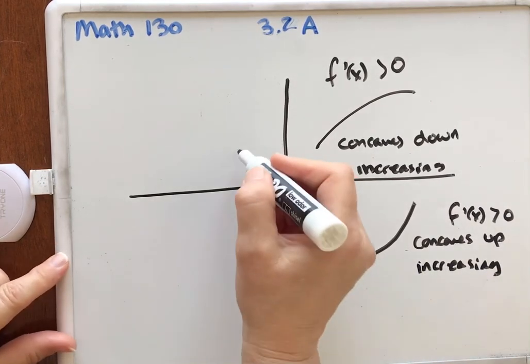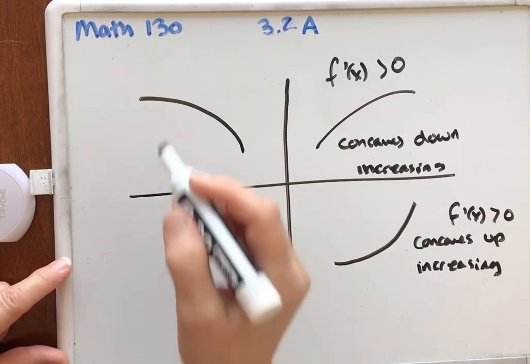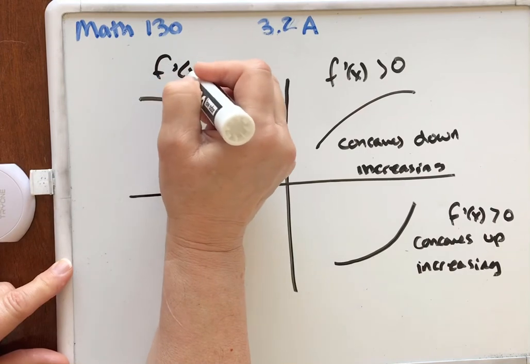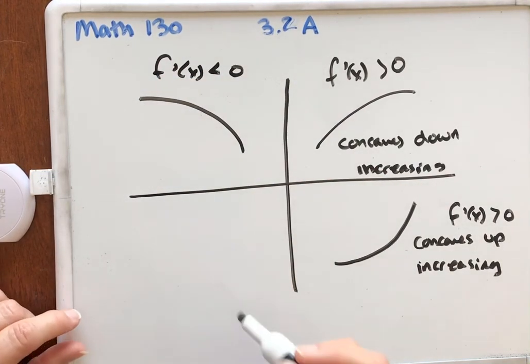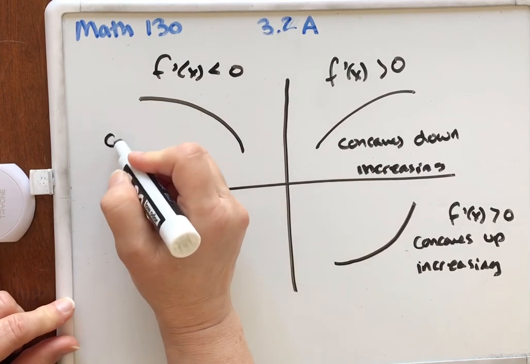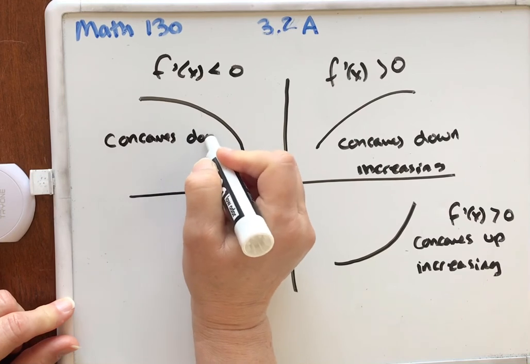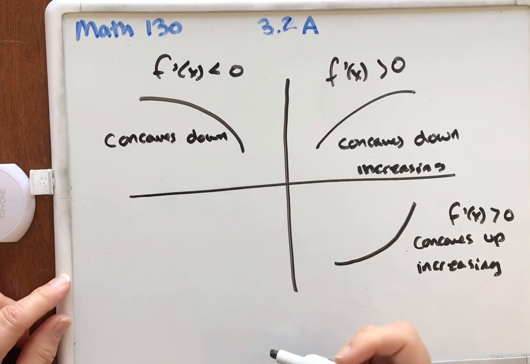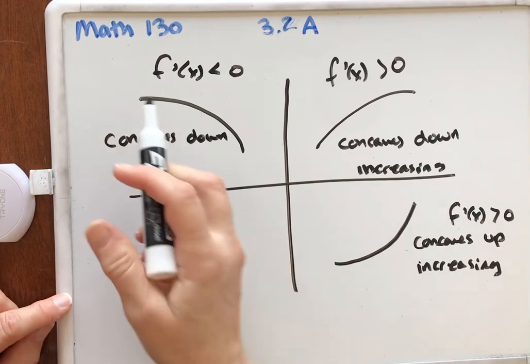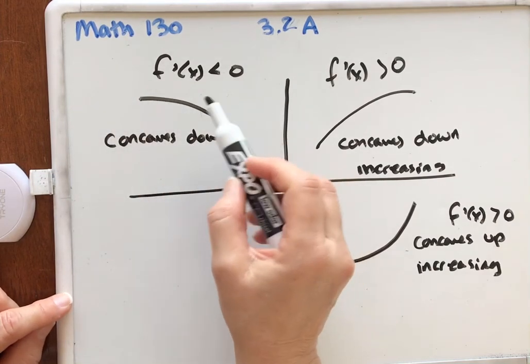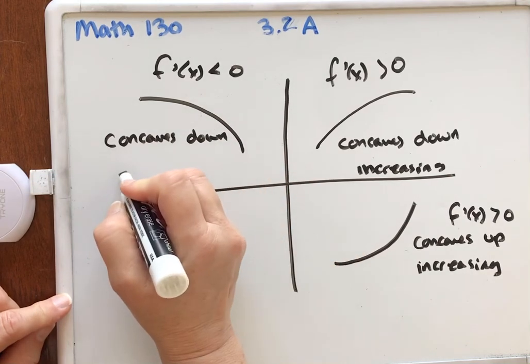Okay, so now let's go this way. Here we can see f prime of x is less than 0. We can also see that it concaves down. Is this increasing or decreasing? So moving from left to right, we can see that y is getting smaller and smaller, so this is decreasing.